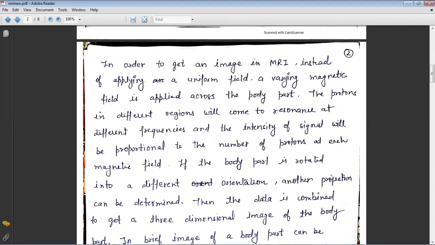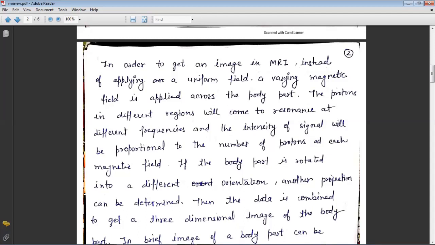If the extra magnetic field is not present, the spins are normal. But when we apply an extra magnetic field, the nuclei can spin clockwise or anti-clockwise.